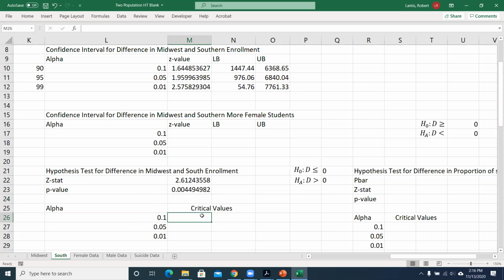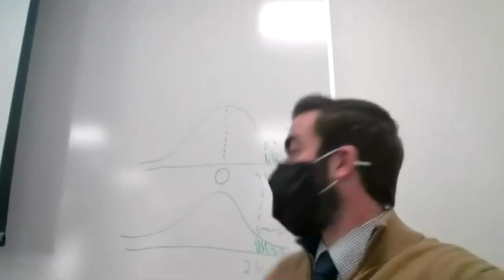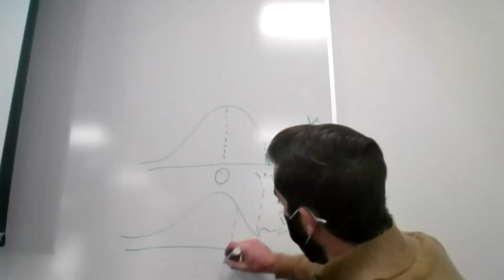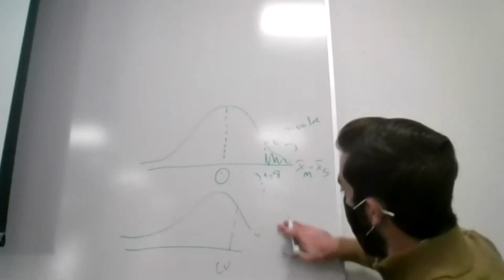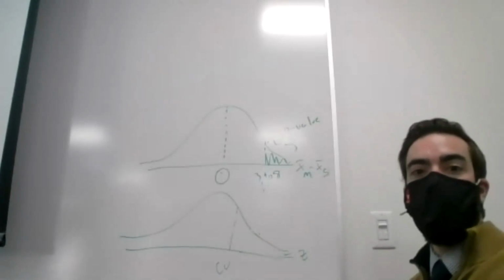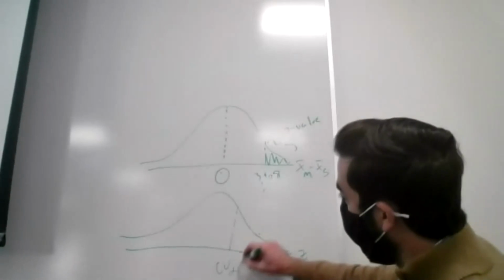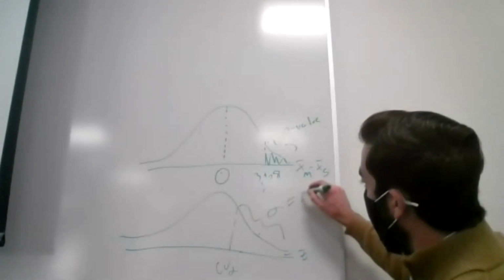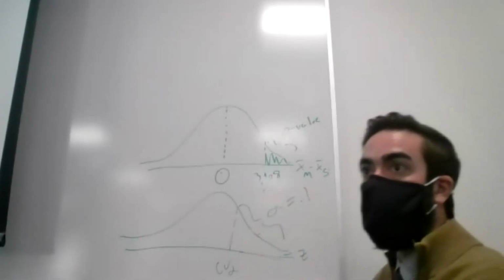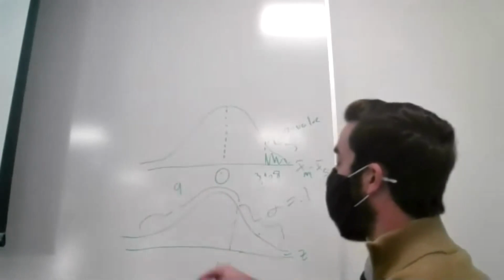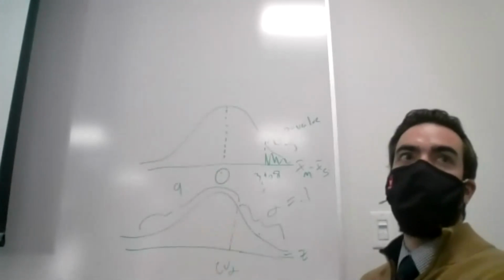Now I could have also found the critical values. Remember, the critical values are the z values, because we're dealing with sample means with known population variances. The critical value is the z value that gives you alpha in the right tail. If alpha is 0.1, I have to tell Excel the area to the left, so the area to the left of the z value I want is 0.9.